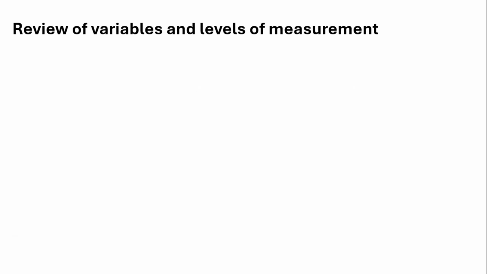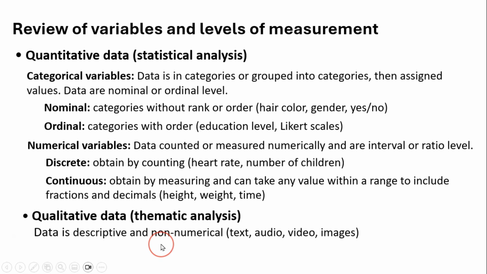Review of variables and levels of measurement. So there are two main types of data. First is the quantitative category. This type of data is numerical in nature, and you use statistical analysis for this type of data. The second main type, if you look down at the bottom of the slide here, is qualitative data.